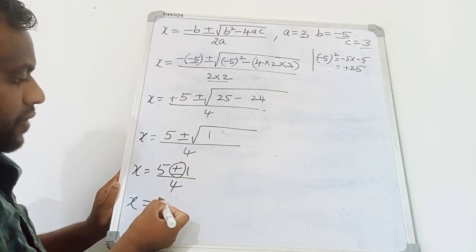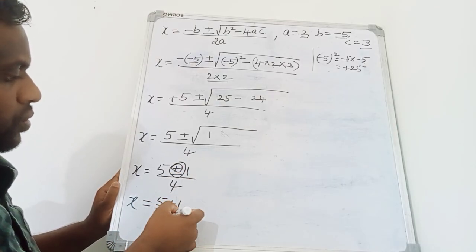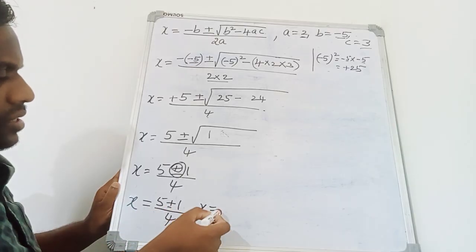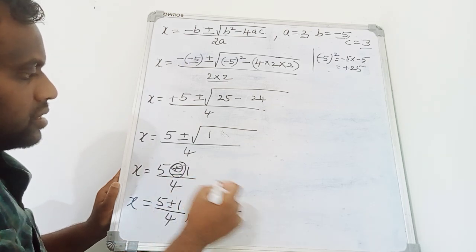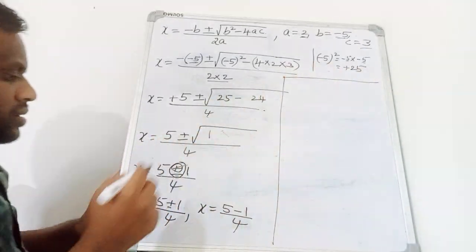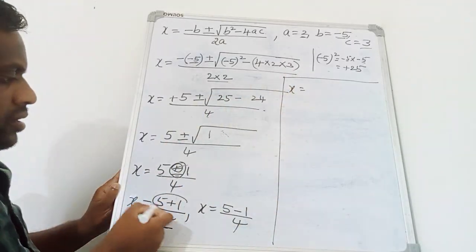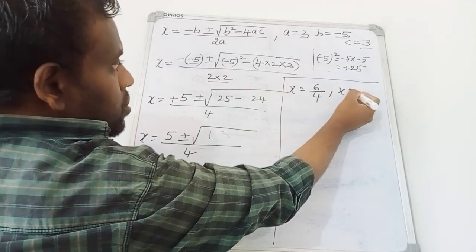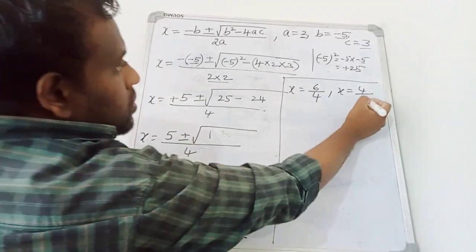So x = (5 + 1) / 4, comma, again x = (5 − 1) / 4. Now, 5 plus 1 is 6, so x = 6/4. And 5 minus 1 is 4, so x = 4/4.